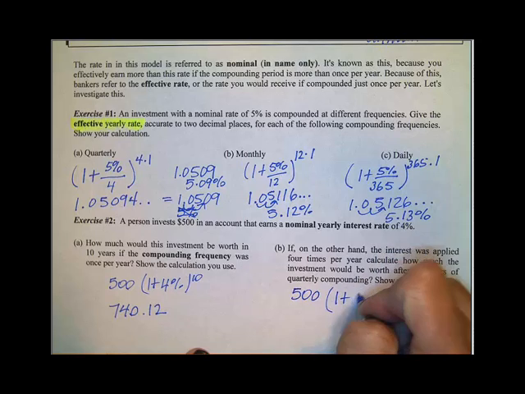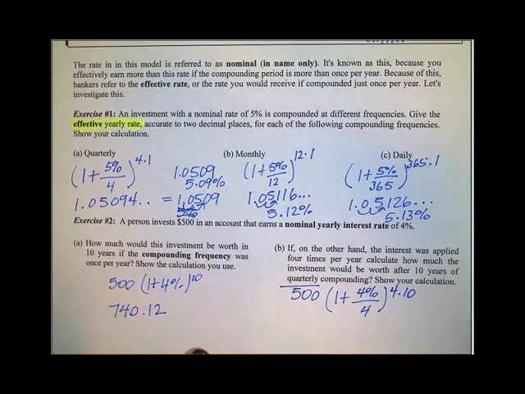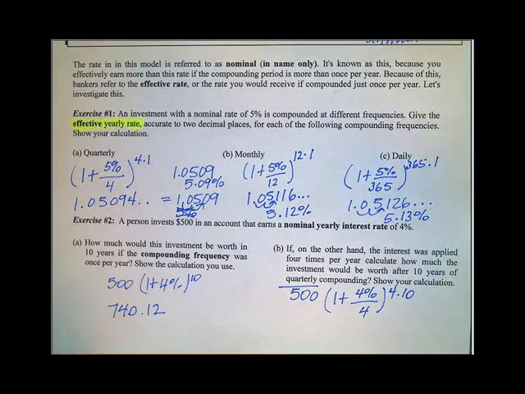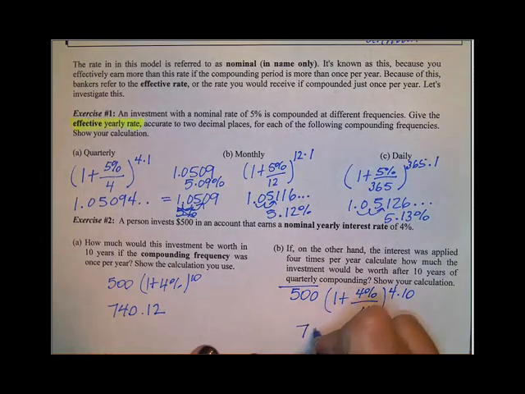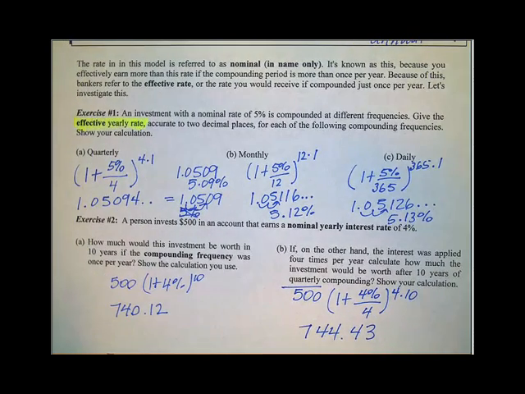So 1 plus 4%. It says we're compounding quarterly, so that's 4 times a year. 4 times 10. So go ahead, pause, and find your answer. So you should have gotten 744.43. So be careful because we wouldn't be earning 4% each time it's compounded.